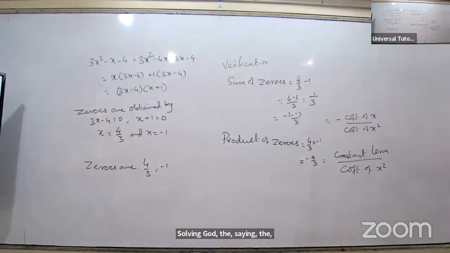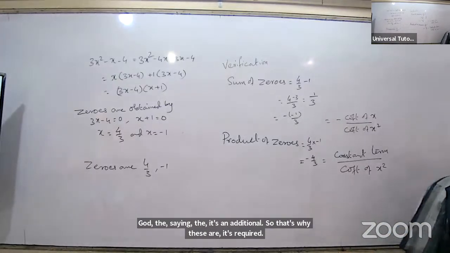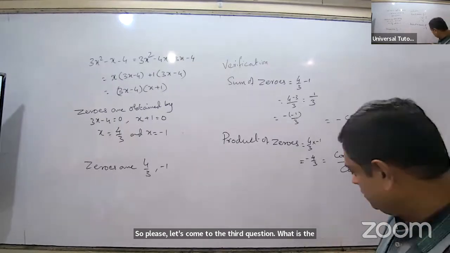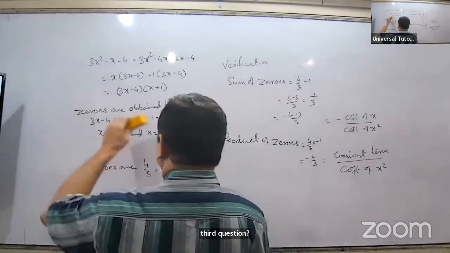So please do it. Let's come to the third question. What is the third question? 7z square minus 343. Same thing.